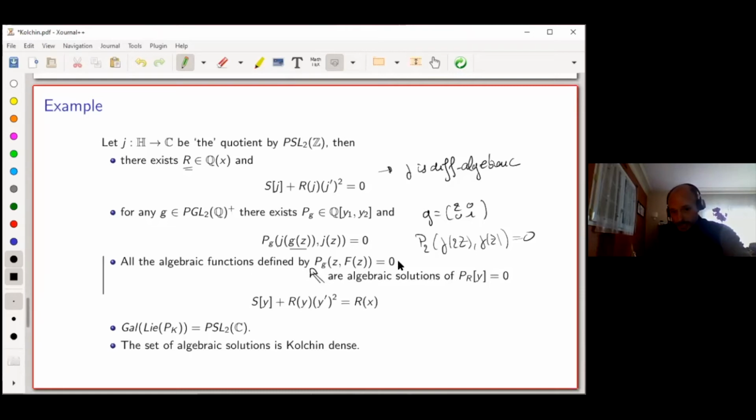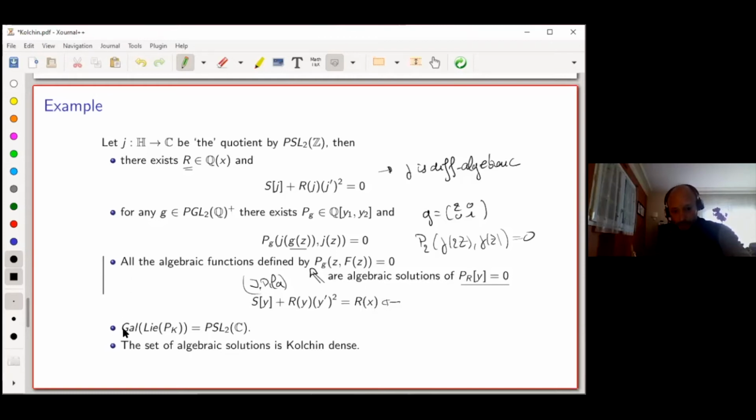So the direction from left to right is an easy computation, and the other is not. The only way I know is to use Jonathan Pila's result about the J function characterizing this kind of thing. So it is not easy. Okay. And remember that this is this equation there. It looks very much like the equation of the J function, but there is something instead of 0 here.